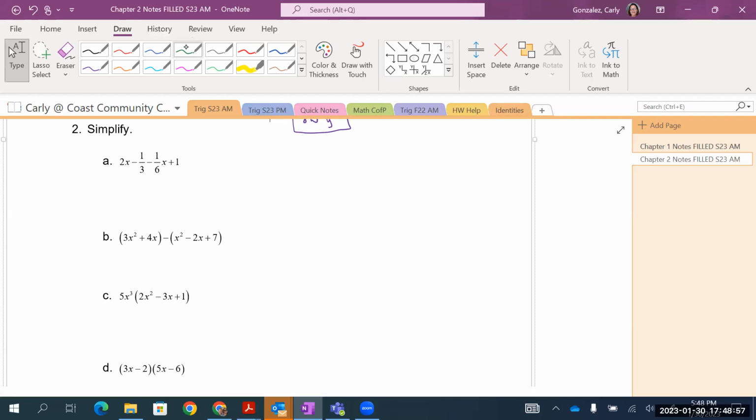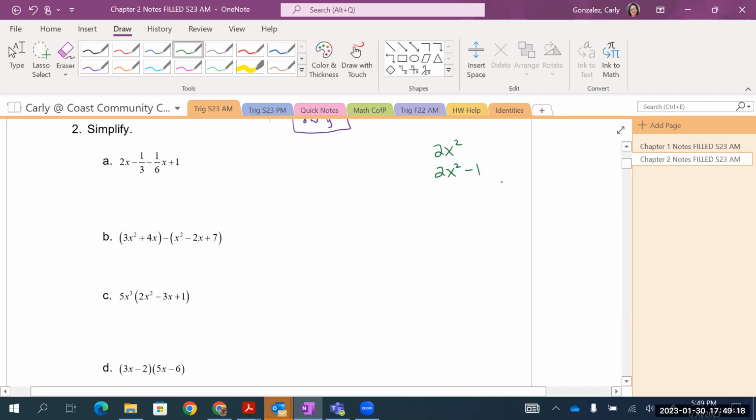What is a polynomial? It's where we have our variable as the base. So we could have something like 2x squared. That's a monomial because there's one term. Or we could have something like 2x squared minus 1.